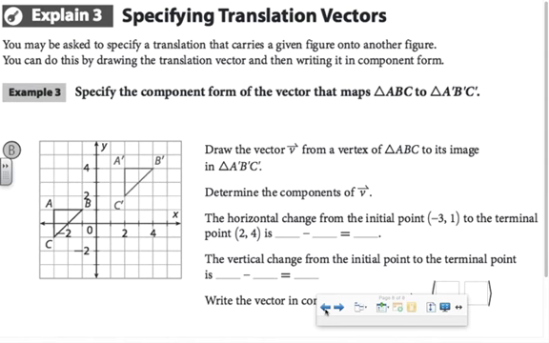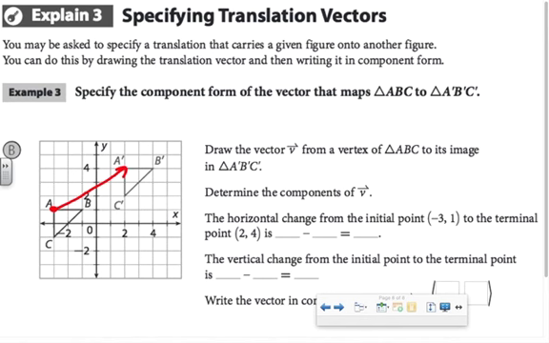So you notice once again they are walking us through some portion of it, and what they want us to do is to draw the vector from a vertex of ABC to its image A prime, B prime, C prime. Okay, so I'm going to pick my A's from A to A prime. There's my vector. And it's asking me to determine the components of it.